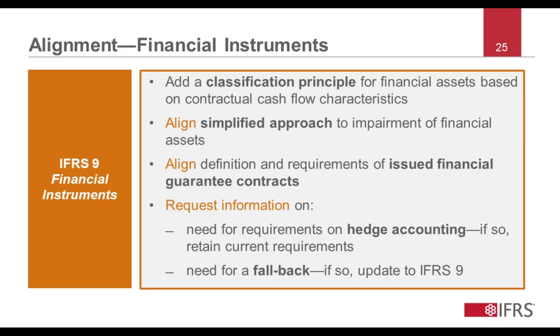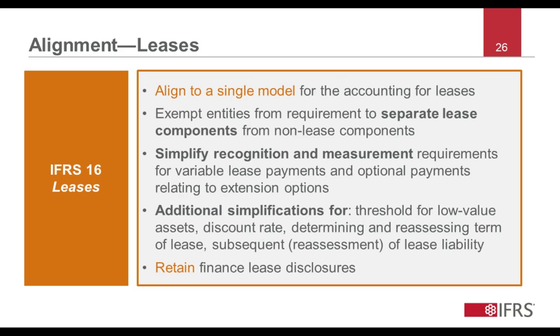We don't have any data points on how often the fallback is used, so we'd like to find out a bit more about that. And then, obviously, IAS 39 has been superseded by IFRS 9, so we would like also to find out whether people think we should update the requirements. So that was how we applied the principles to IFRS 9.